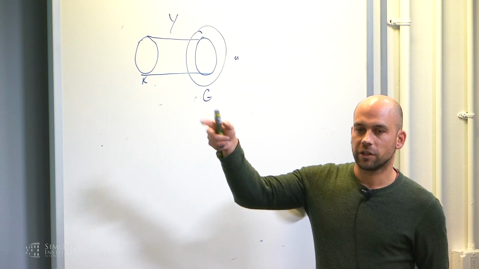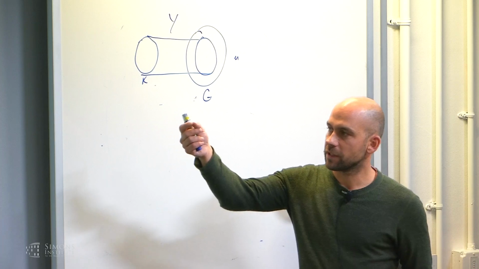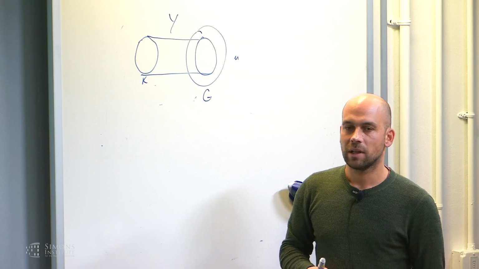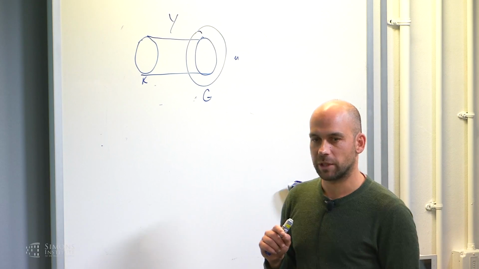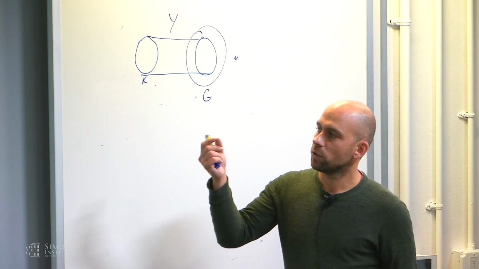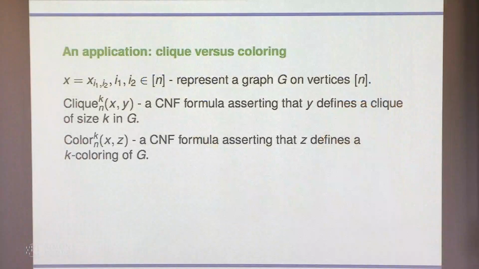The specific way I express the clique and coloring CNFs is not very important. There is one little detail that I'll mention later, but all you need to know is that having a clique is an NP property and a coloring is also an NP property, hence you can write it as a small CNF. And you can write it as a nice CNF if you want in this way.